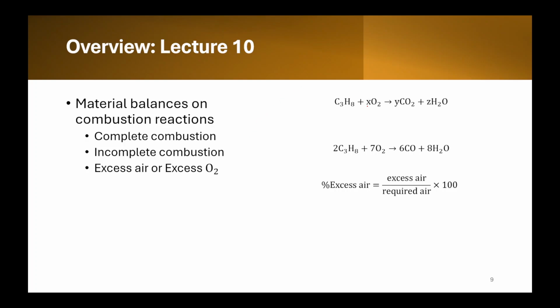At least tell me the value of Y. If you look at the left hand side, C is 3. To balance it, Y will be 3.